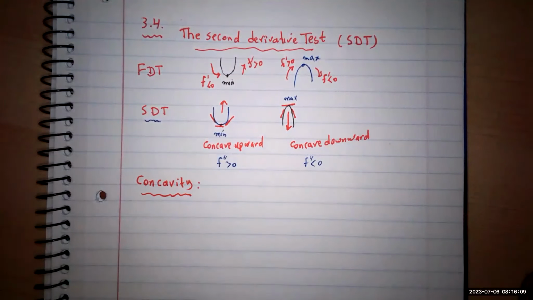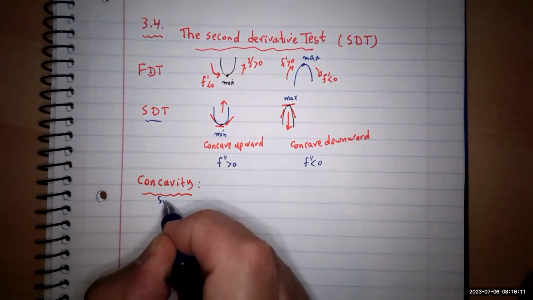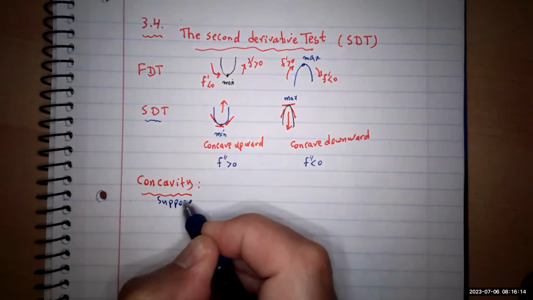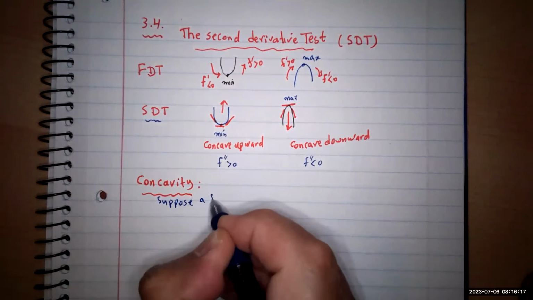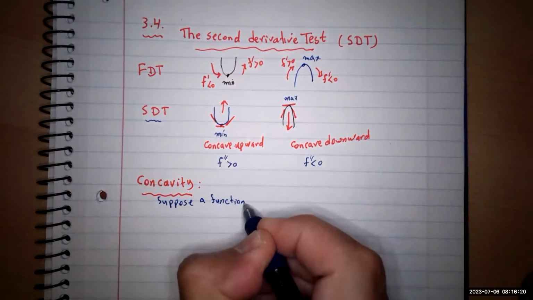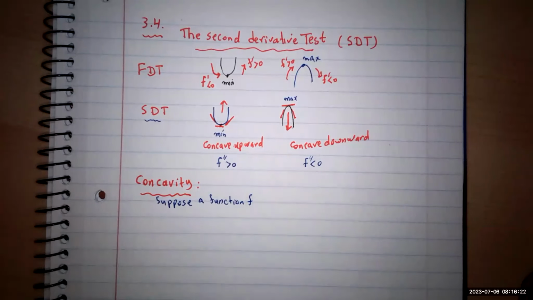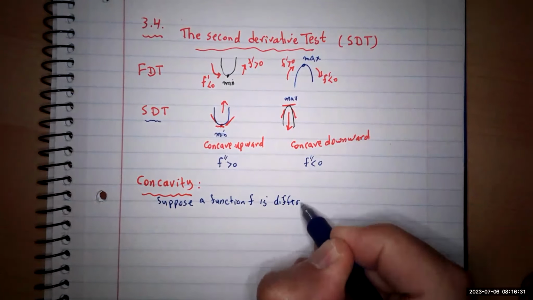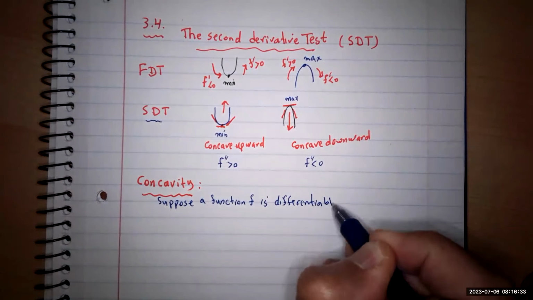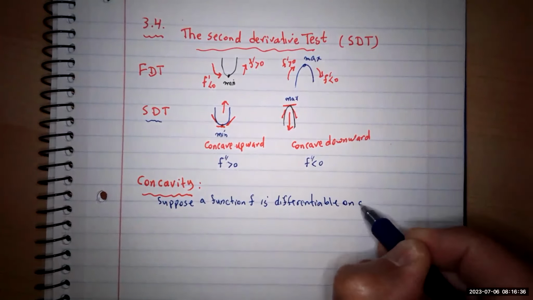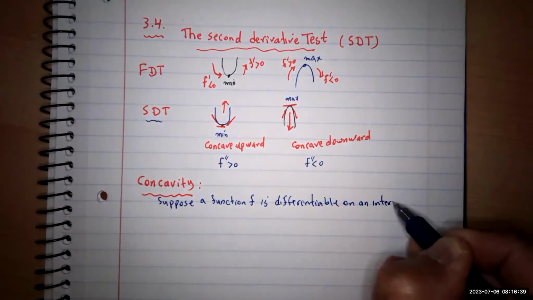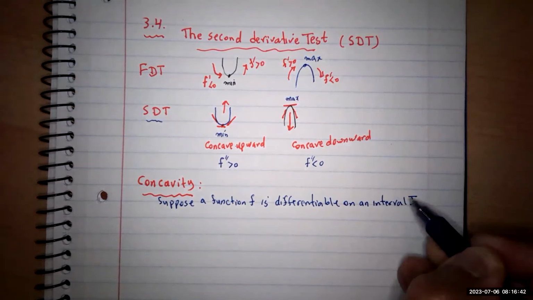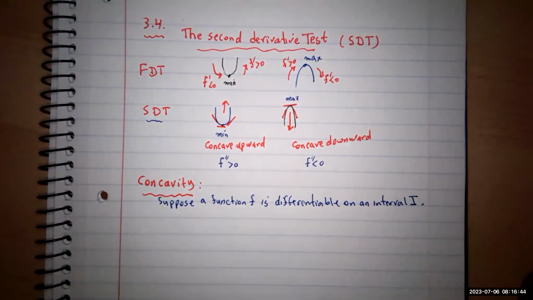Concavity. So again, suppose we have a function f that is differentiable on some interval I. Now I'm going to define concave up.